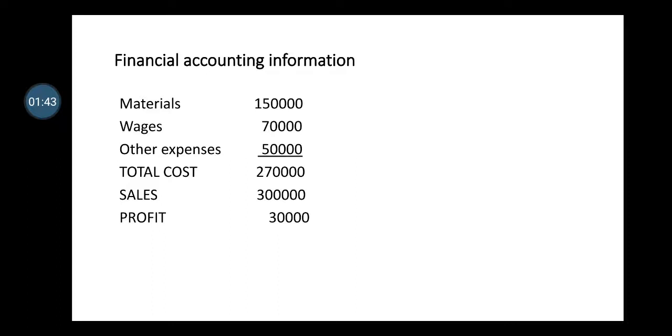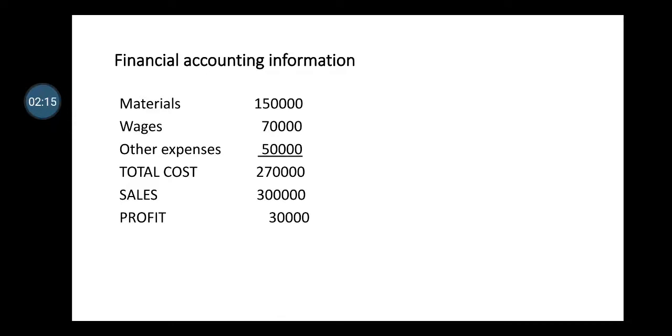Now the manager has to take a decision regarding the continuation or discontinuation of the products, for example, product A, product B and product C. With this kind of information, the manager is not in a position to take a decision, because the information given here relates to the entire organization and is not classified for each product.